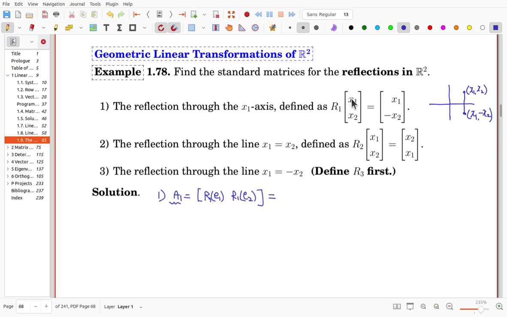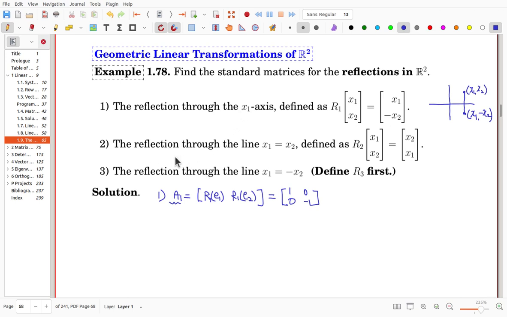The image is 1, 0 again. So the first column is 1, 0. And now R1 of e2. e2 is 0 and 1, so the image is 0 and minus 1. So that is 0, minus 1. That's it for the standard matrix of this transformation.